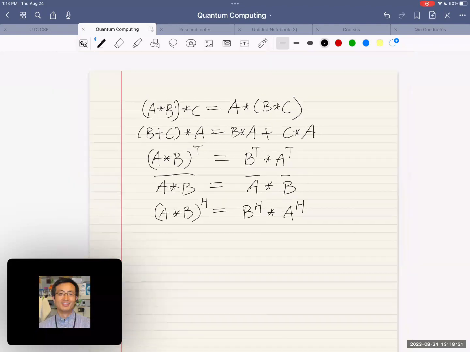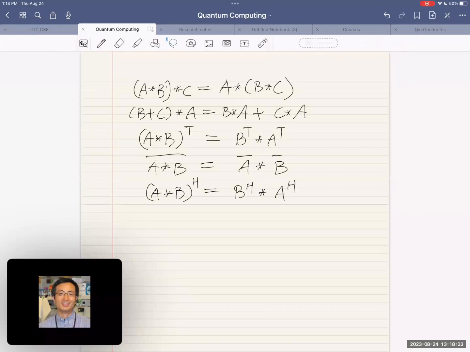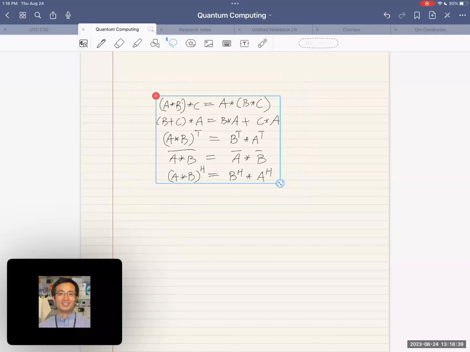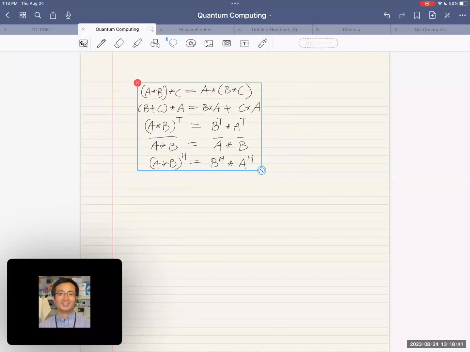These are the matrix multiplication properties, not rules. The book actually has a lot of exercises for this part.